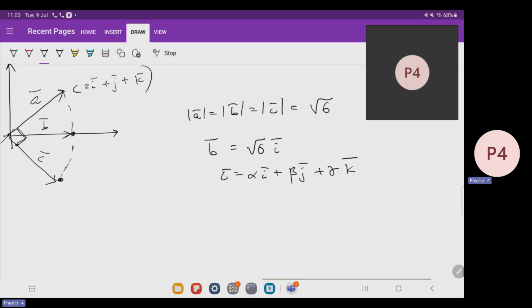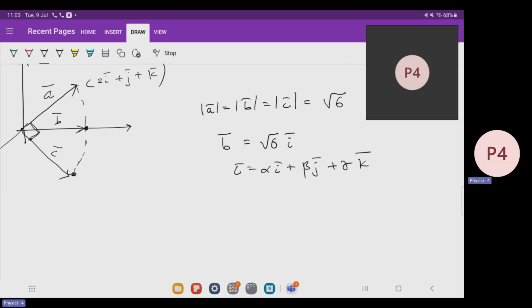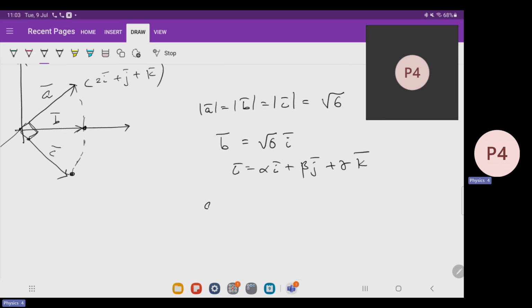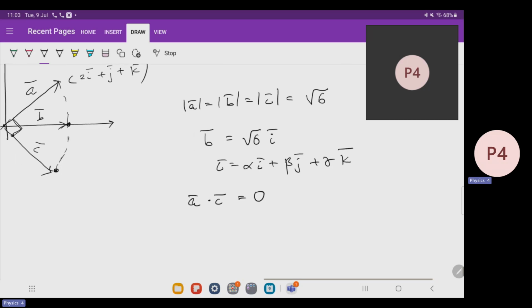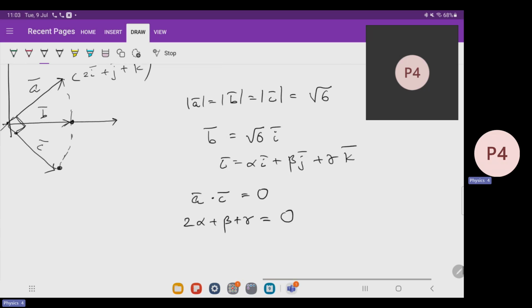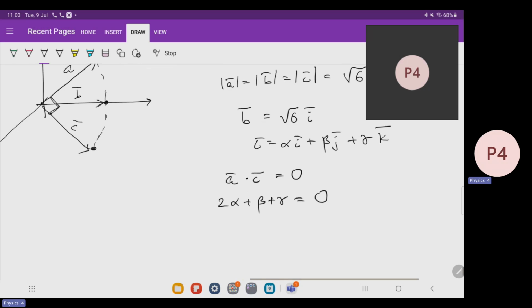Now what condition we can use is, let us take the angle. So we know A dot C is going to be equal to 0. So what is A dot C? If you do, you will get 2 alpha plus beta plus gamma is equal to 0. This we have.